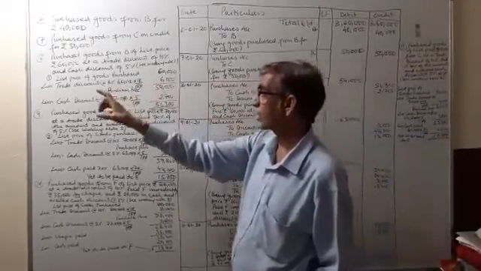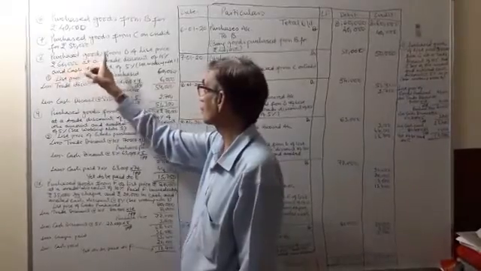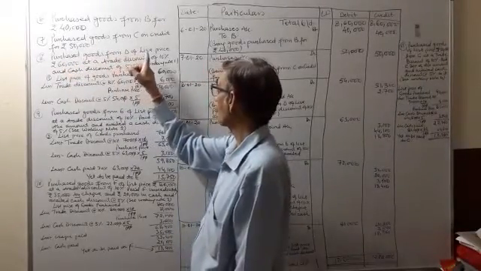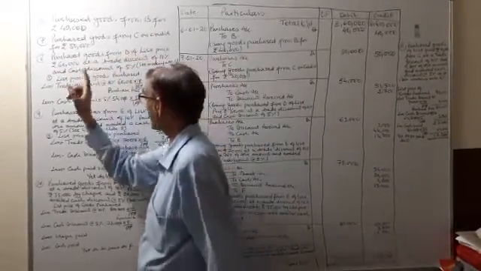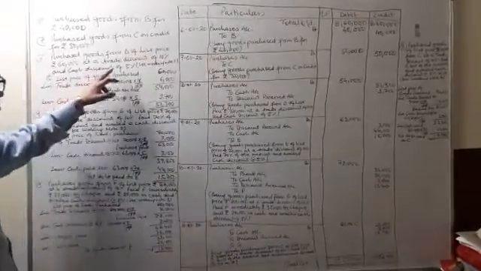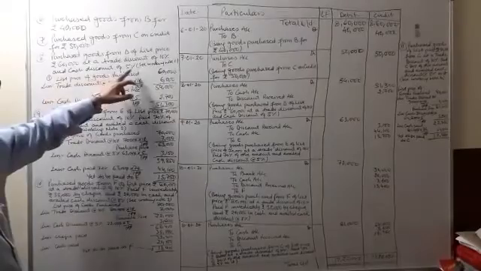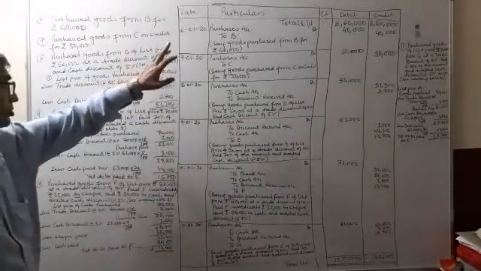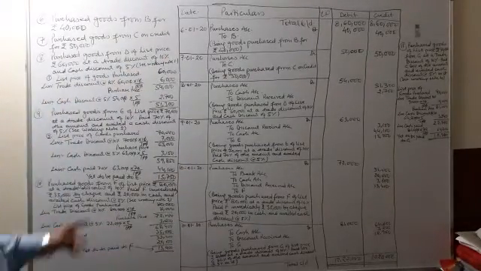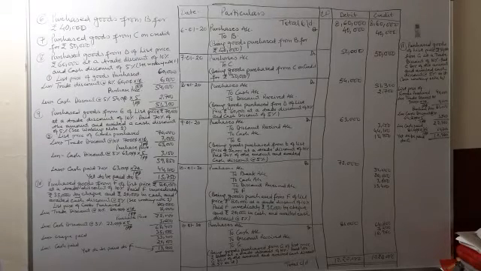Then the eighth transaction is purchase goods from D of list price rupees 60,000 at a trade discount of 10% and cash discount of 5%. See working note 1. So in this transaction we have purchased goods from D. The list price of the goods was 60,000. Trade discount was 10%.